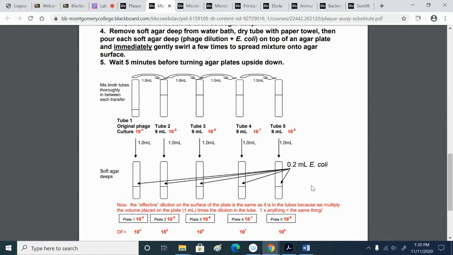Or on the pipette, you would measure from the tip up to 0.8, because it counts backwards from the tip up to 0. Just add that to each tube, mix that up, and then pour that on top of the TSA plate. Swirl gently for about 10 seconds to spread out that mixture across the surface. In a few minutes, the soft agar has solidified, and then you can incubate those plates.